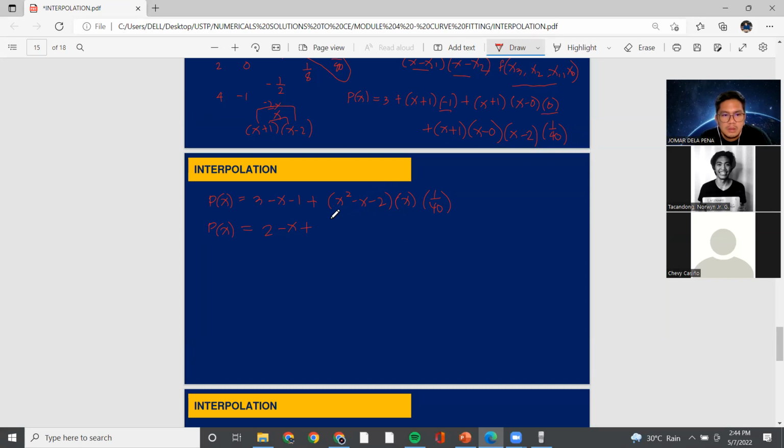Ito na lang i-distribute appeal si 40, no? So that is x cubed over 40 minus x squared over 40 minus 1 over 20. Okay?